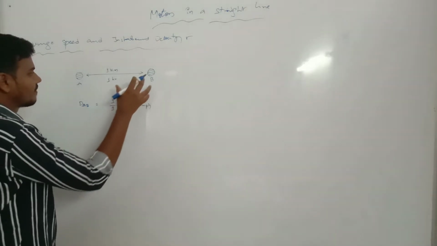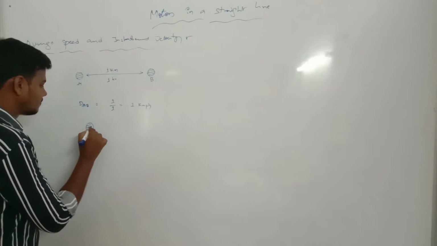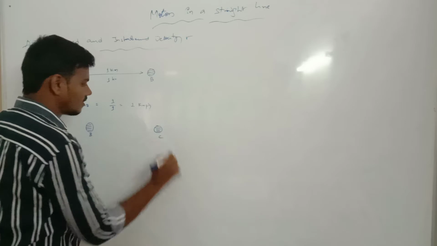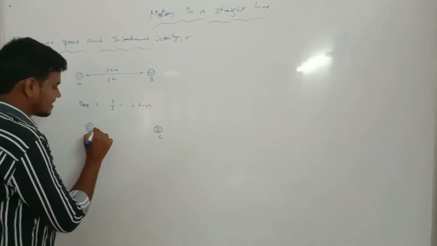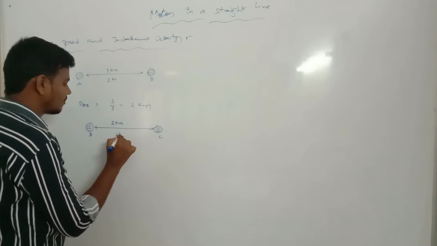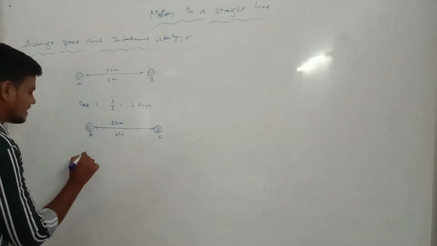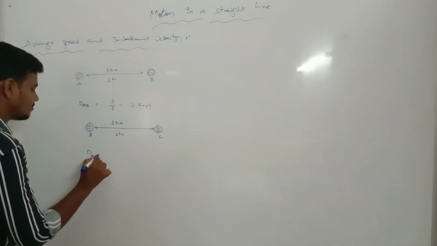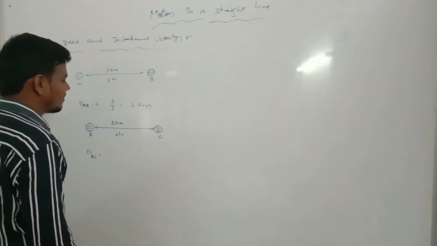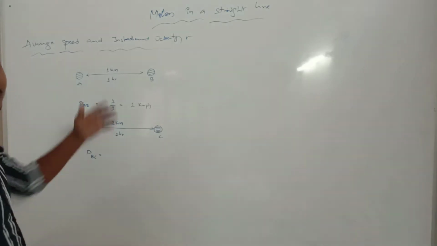Again, we choose the same approach. Let the object go from B to C. The distance from B to C is 2 kilometers and the time is 2 hours. Again we apply distance by time period; previously we applied path length by time period.